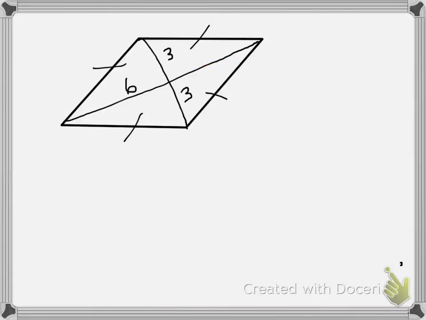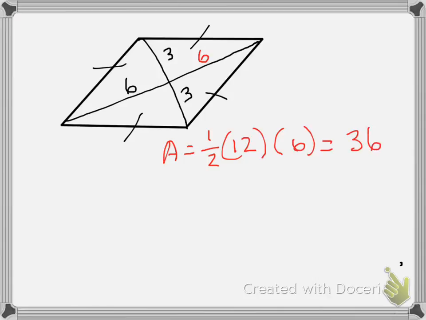If we wanted to find the area, then we would need to write in the rest of this diagonal. So the area would be 1/2 the first diagonal, which is 12, times the second diagonal, which is 6. So the area is 36.